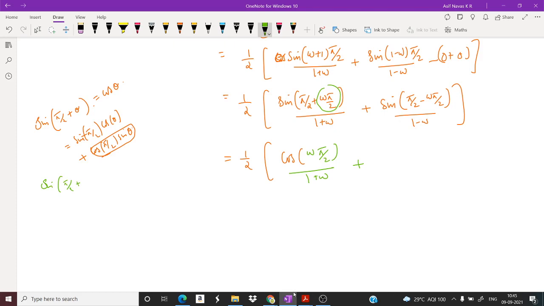That is sine pi by 2 cos theta minus cos pi by 2 sin theta. This is 0. This is again cos omega pi by 2 divided by 1 minus omega.